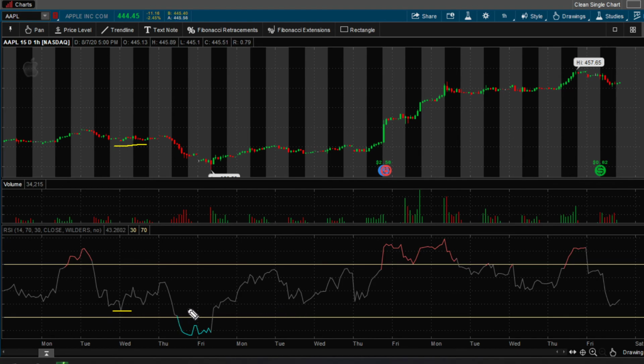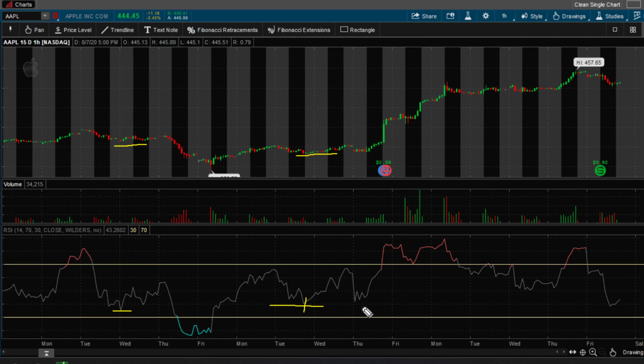So then when it comes up to that RSI level, it should create some sort of support there. So this is where you would look to enter, and this right here, and then it broke.